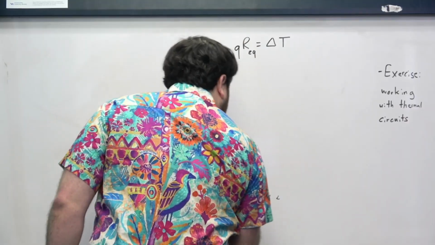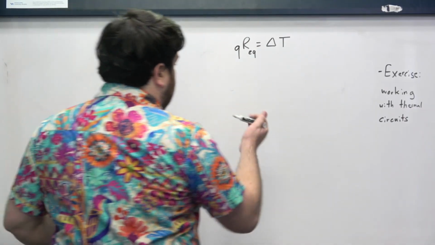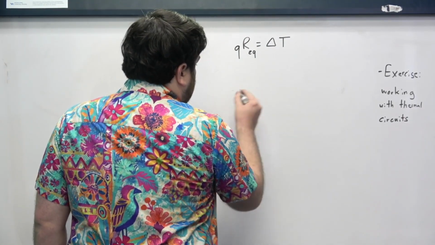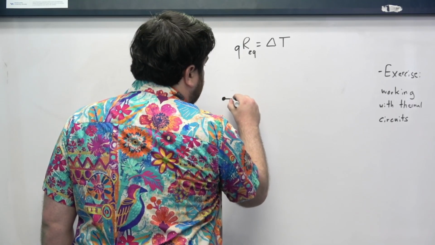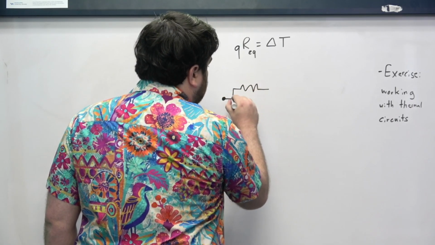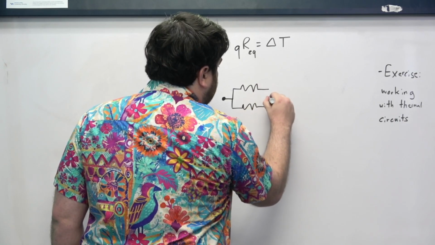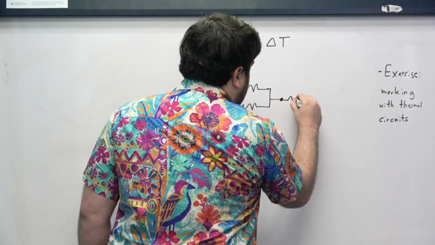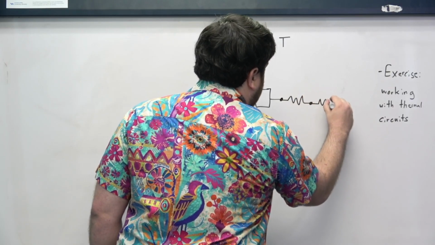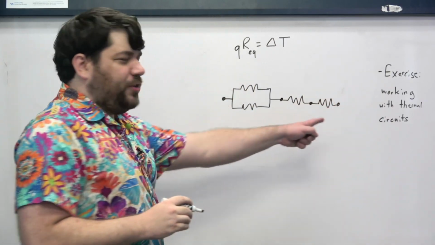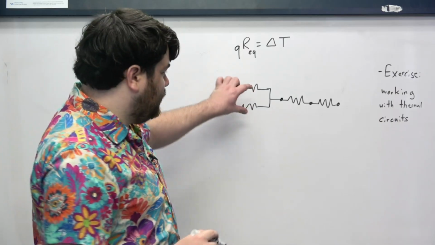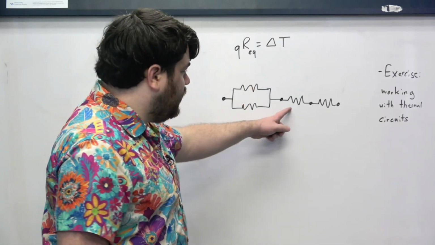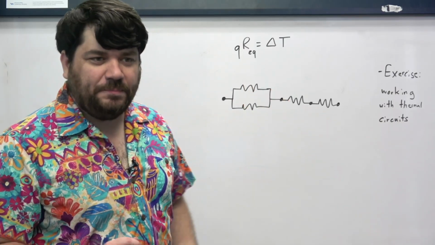So what we can do now is to say, well, let's see, the original thermal circuit looked something like this. I'm going to save myself the time and not write down absolutely everything about it. But the original thermal circuit looks something like this, right? We had the two parallel chunks of wall and then another chunk of wall and then air, right?